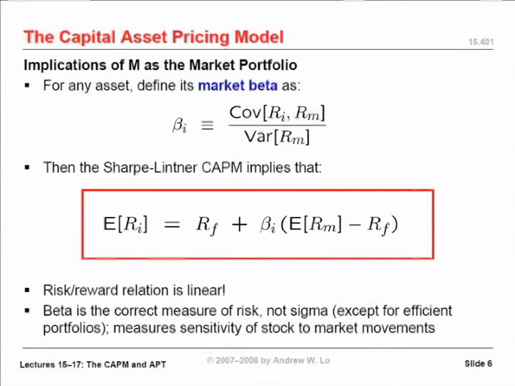And next time, I'm going to try to give you some intuition for why this makes sense, and why in a mean variance efficient set of portfolios, it reduces to something that we know and love. Okay?